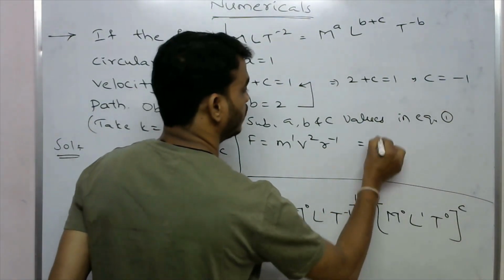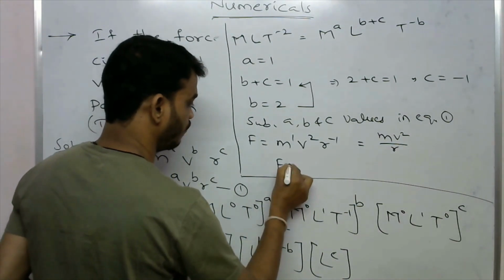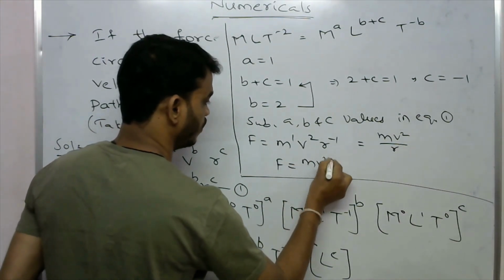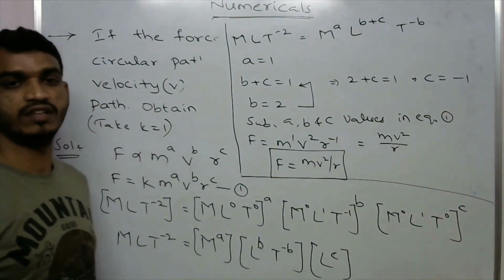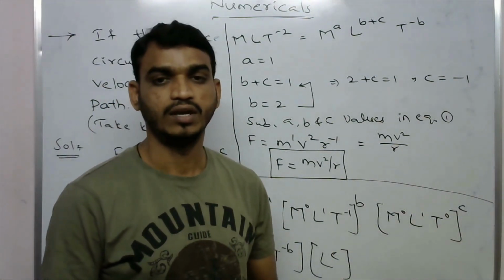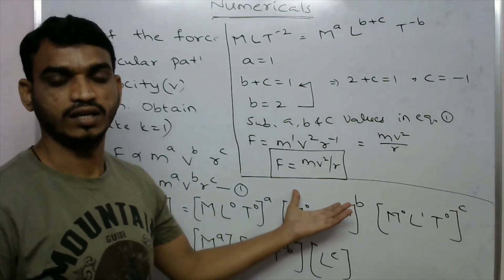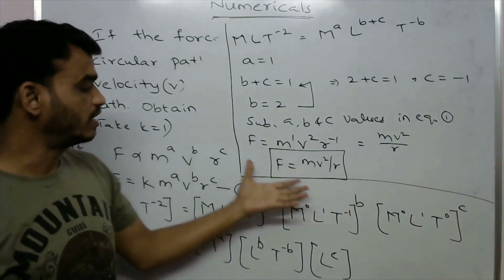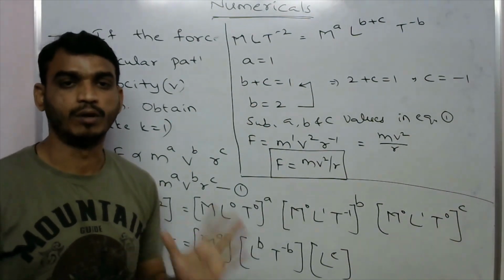So we can write m v square by r. So F is equal to m v square by r is the relation between the physical quantities. Okay, so this is the final equation. This is the answer for this problem.